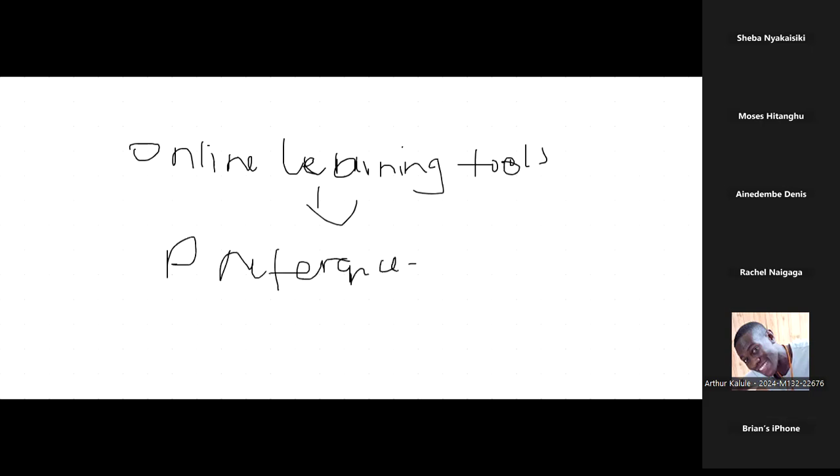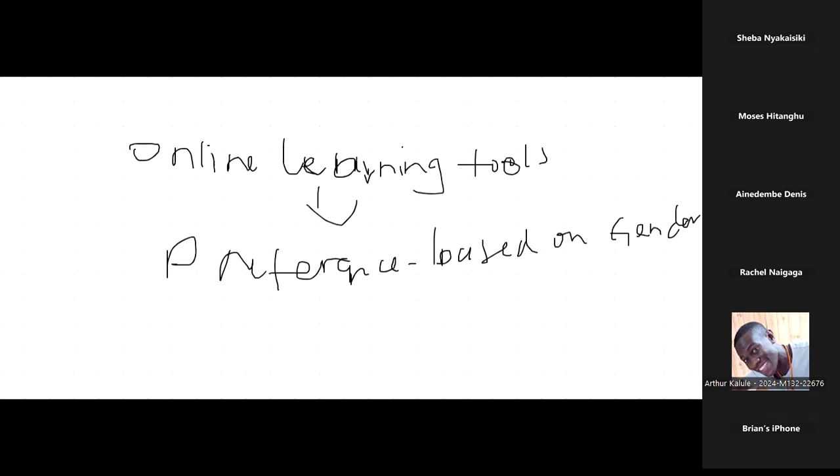Preference based on gender. So I am looking at preference. So I go out to do a study and I ask the same questions, both male and female, just to see which one prefers online learning tools between male and female.